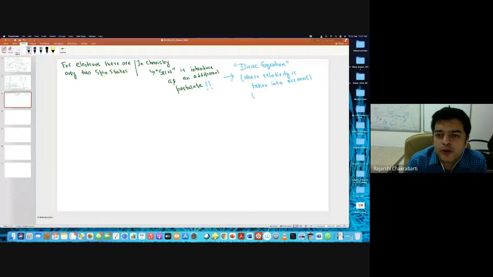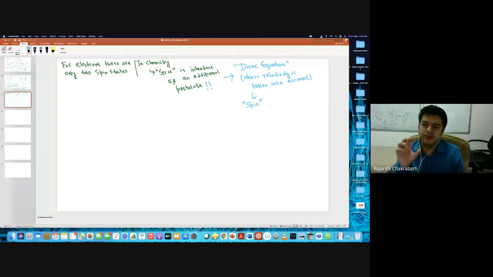And this will automatically give you spin. So you don't need to put it in as an additional postulate, but this is not done in a chemistry course.